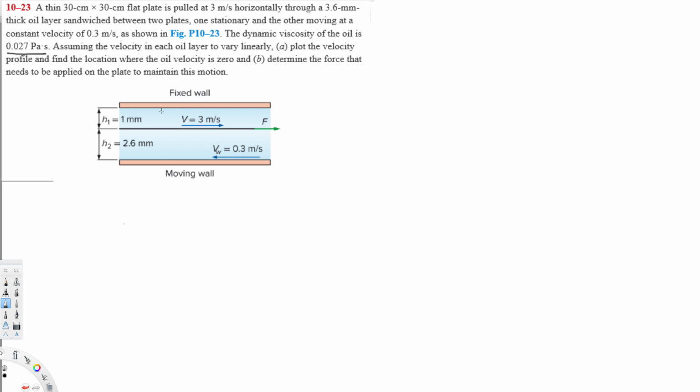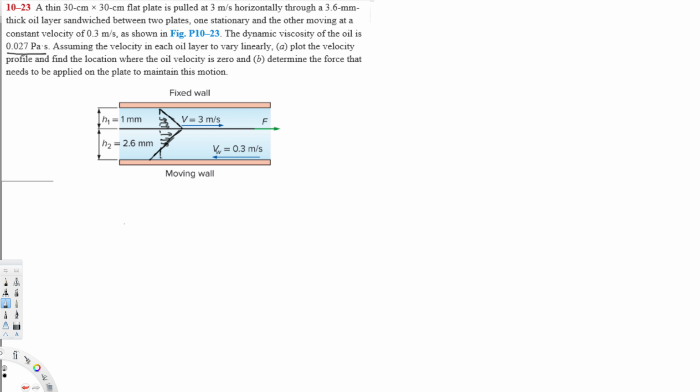So what's going to happen is here, let's say this is the way the oil is moving. Since this is moving in this direction, and we have a V_w in this direction, that is the wall's velocity, that's going to affect this fluid velocity and create a pattern like this.